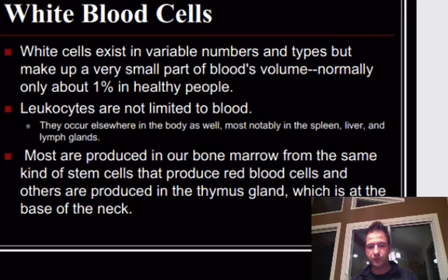They can be found elsewhere in the body as well, not just in blood, but most notably in the spleen, the liver, and the lymph glands. Most are produced in the bone marrow from the same kind of stem cells that produce red blood cells, and others are produced in the thymus gland, which is at the base of the neck.